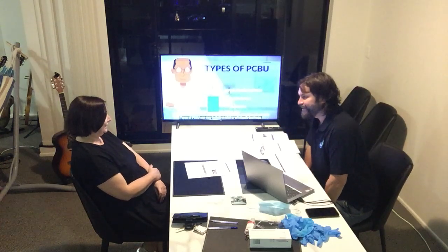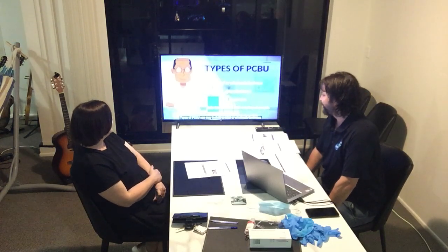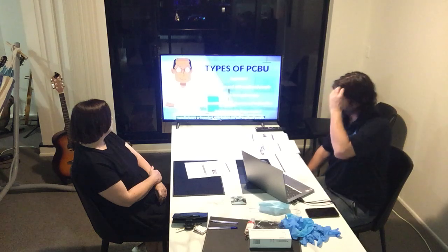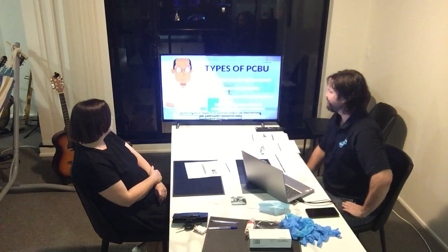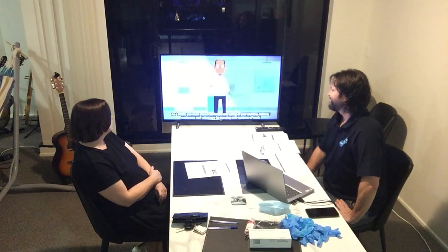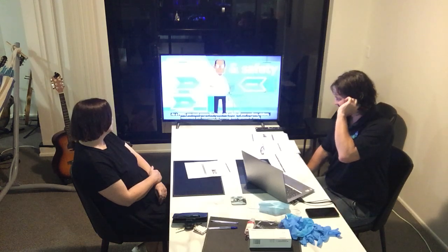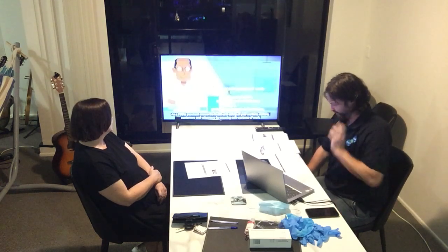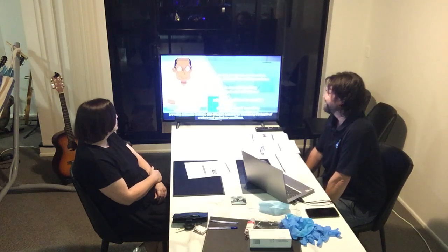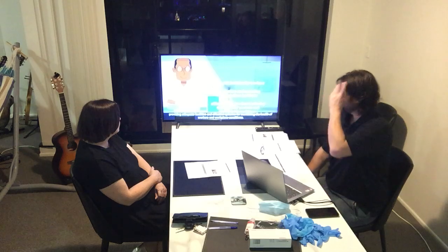PCBUs may include a retail or wholesale business, manufacturers or importers, sole traders and self-employed people, a builder, including principal contractors and subcontractors, and not-for-profit organisations. As a PCBU, you must ensure the health and safety of your workers, visitors, customers and volunteers by ensuring safe systems of work, providing adequate facilities and effective systems for monitoring the health of workers and workplace conditions.